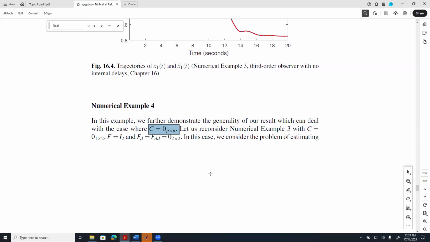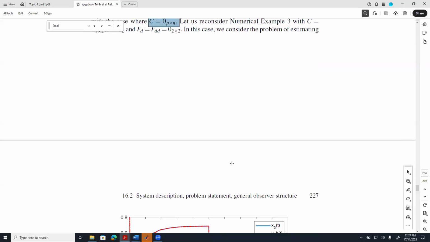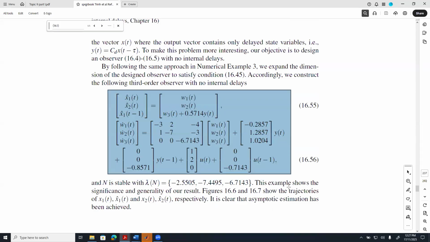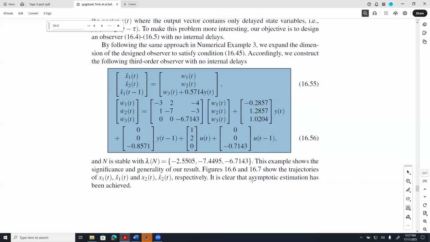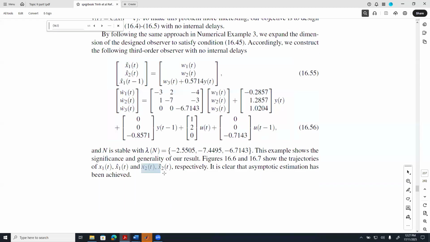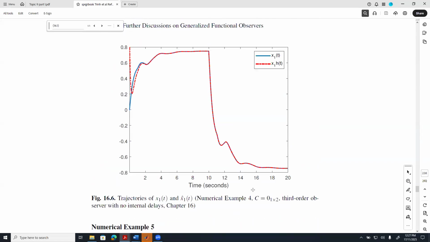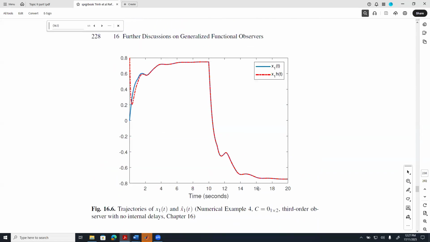We use that output measurement vector and we reconstruct an observer. And the observer that we obtain is this one in here. It's actually enable us to asymptotically estimate the unmeasurable stack variables. And that's the significance of the problem that we're considering here.